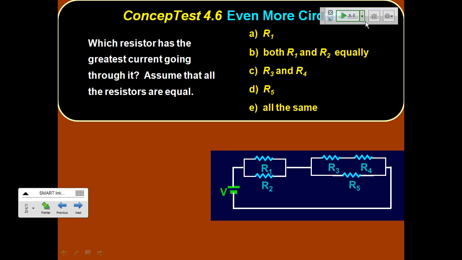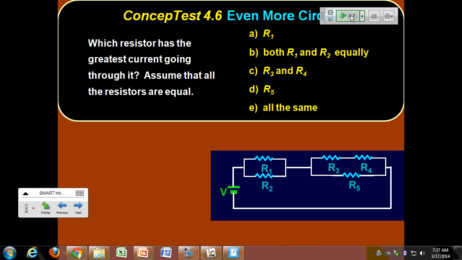Which resistor has the greatest current going through it? If you assume all of these are equal. We had a similar question before on a quick test. Which has the greatest current going through it?